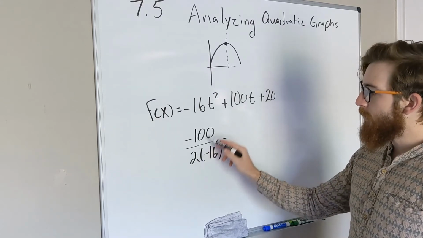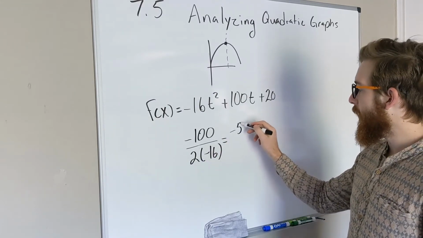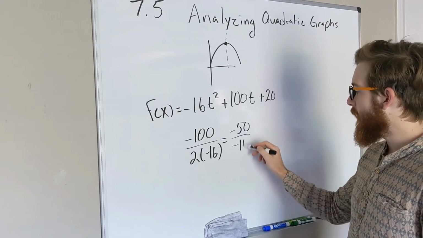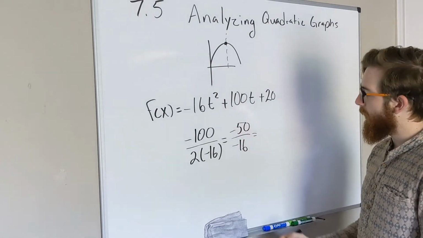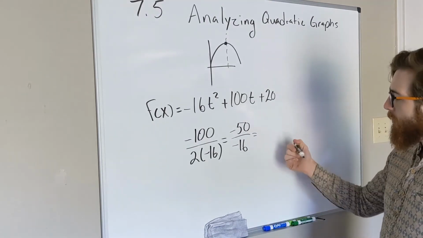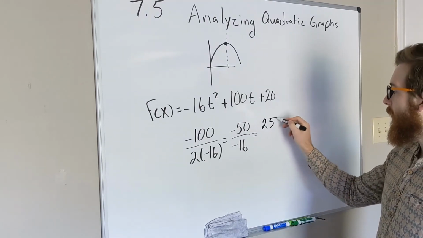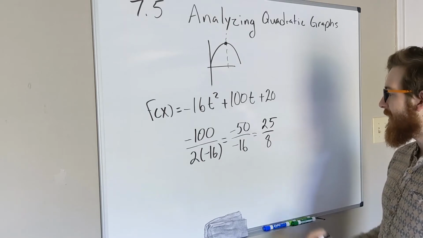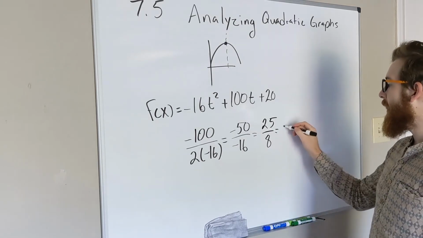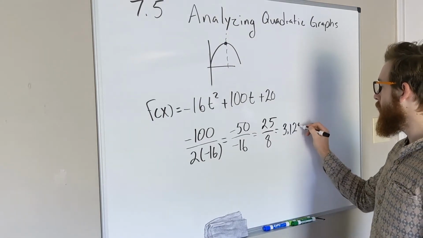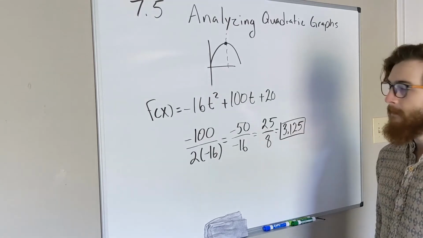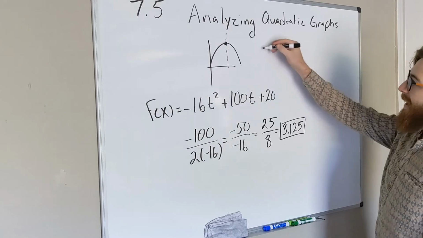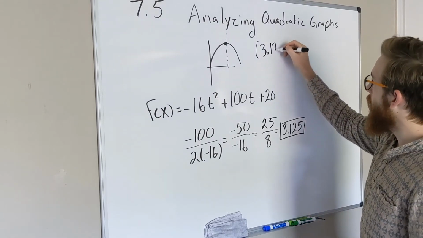So that can reduce, and that would be negative 50 over negative 16. And these negatives reduce to become positive. These can reduce as well to 25 over 8. And I believe that is 3.125 as a decimal. And we're going to use that. So this is my x value, 3.125.